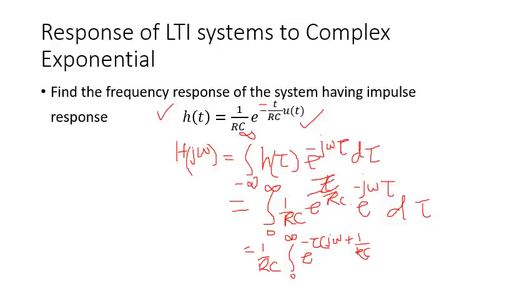Okay, and this is d tau. So integrating this will result into 1 by RC, and the integration of this will be minus j omega.